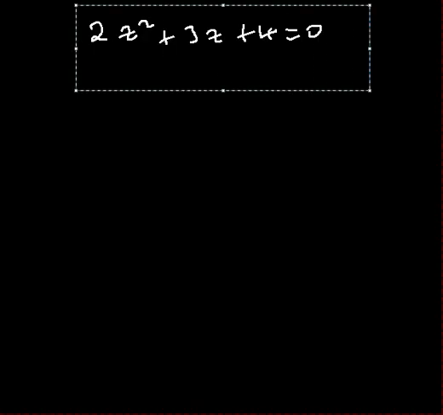Like that. And what if we have 2z squared plus 3z plus 4 equals 0? The principle remains the same, and you can work it out. How should we solve, let's say, a cubic equation?